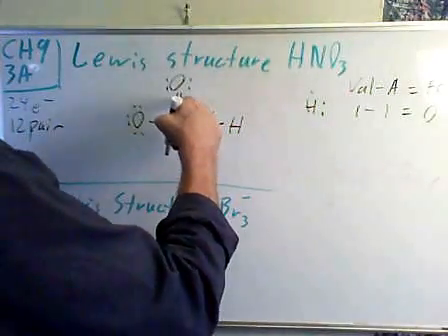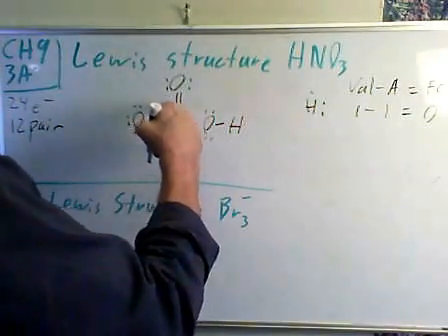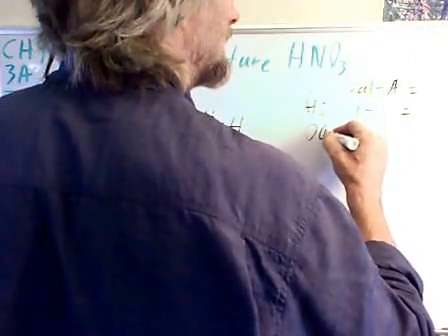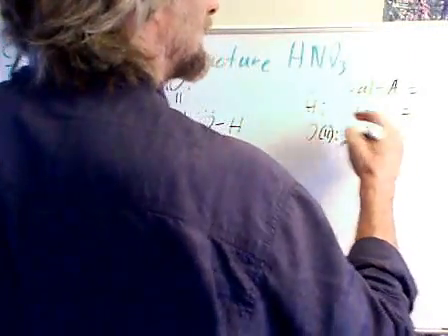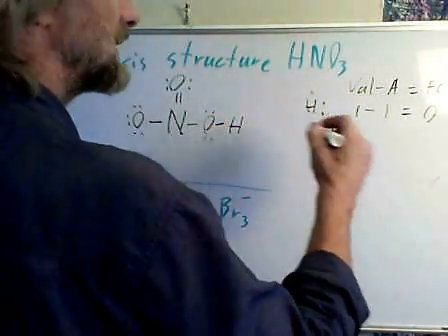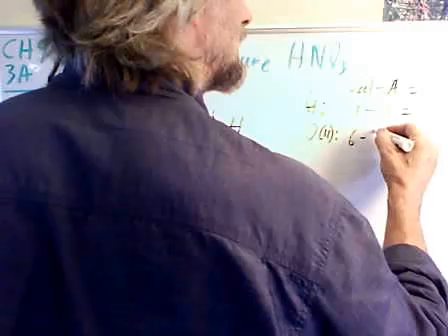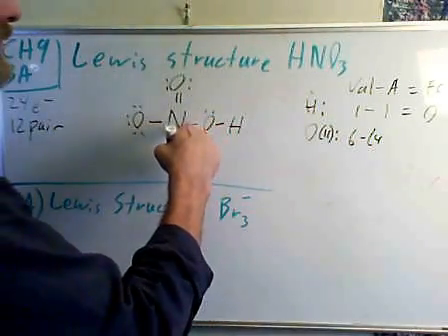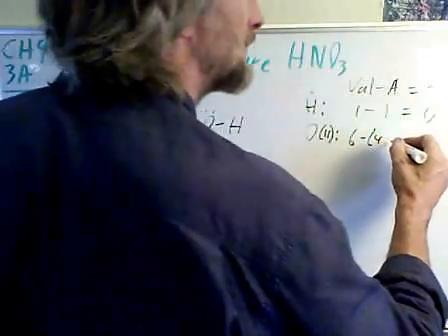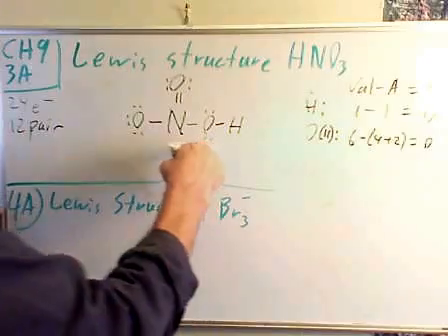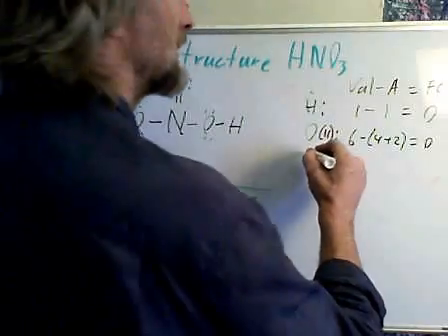We have 2 different oxygens, one with a double bond, one with a single bond. Oxygen with a double bond: 6 valence electrons minus our 4 non-bonding electrons. We have 2 bonds, that's 4 electrons, we get half of that, so 2 bonding electrons. So the double bonded oxygen has a 0 formal charge.